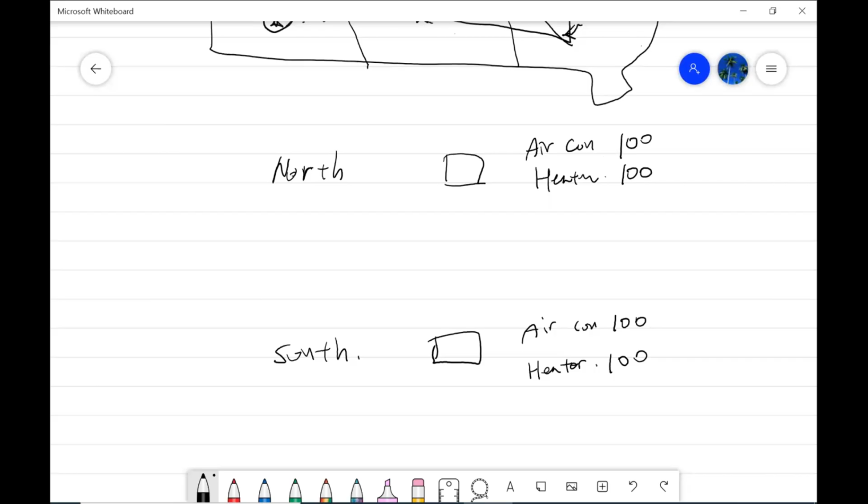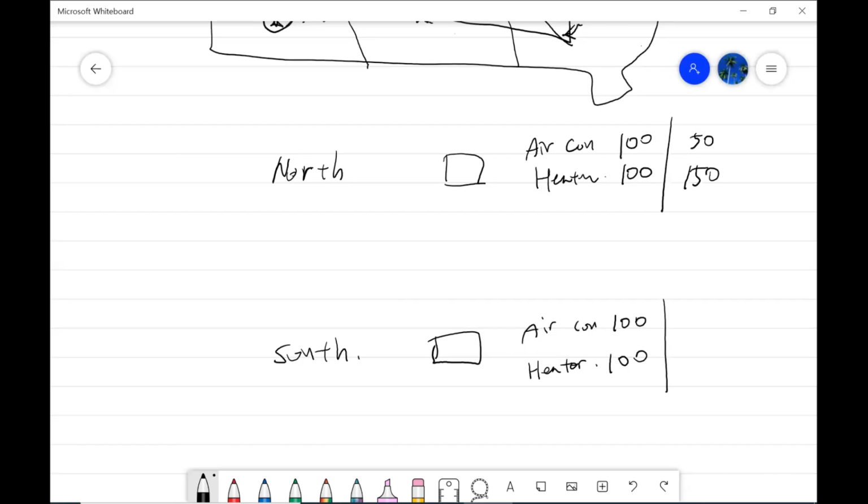So we get the idea that it is probably not a good idea to have the same number of safety stock or inventory for both air conditioners and heaters in the north and the south area. By using specialization, I may have 150 heaters instead of 100 in the north, but fewer air conditioners.